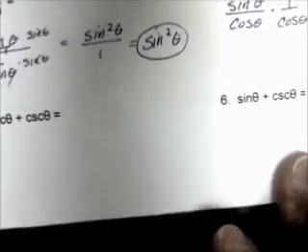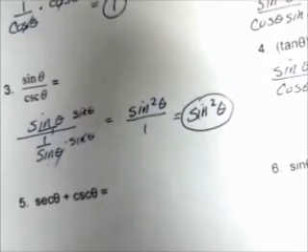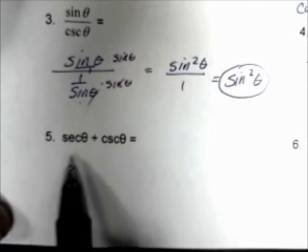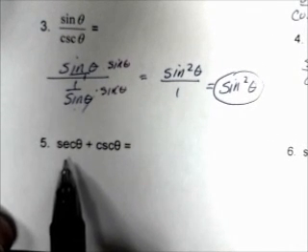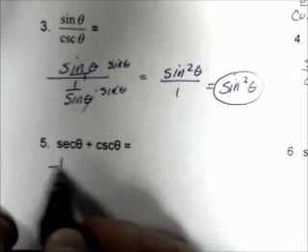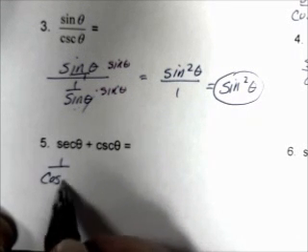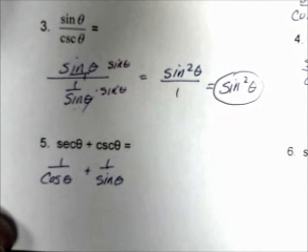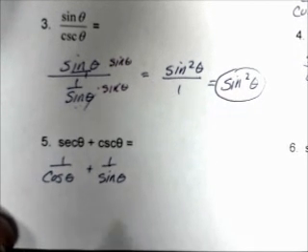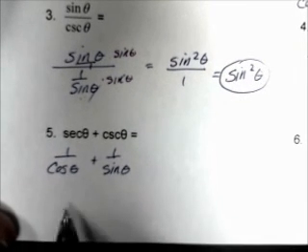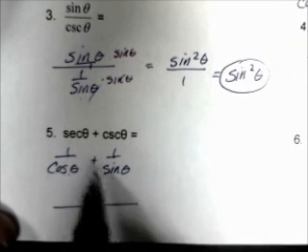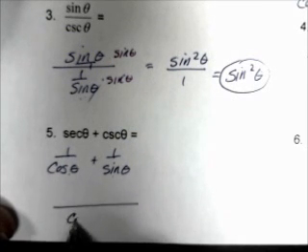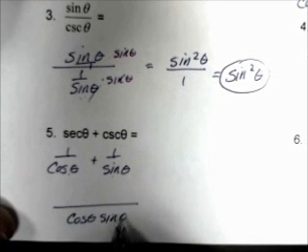Two more addition problems. And when you're adding, you always have to have a common denominator. So let's see, number 5, secant is equivalent to 1 over cosine, and cosecant is 1 over sine. Now I'm going to go right to the single fraction. In order to add, I need the common denominator. The common denominator is the product, cosine theta times sine theta.